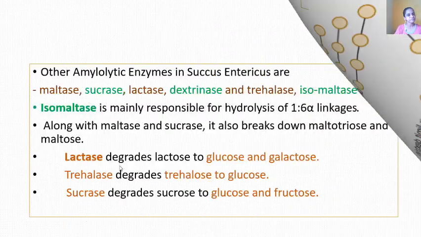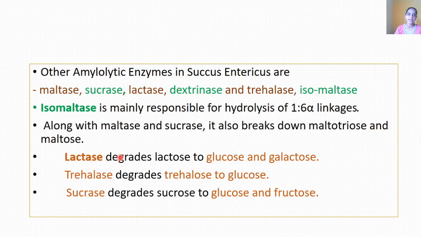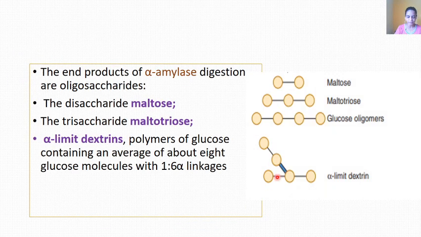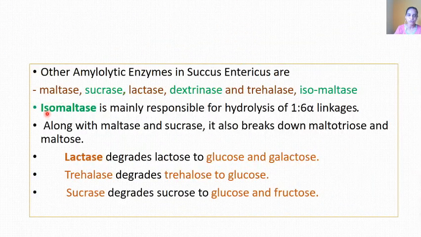Now I said, in addition to pancreatic amylase, the intestine also receives enzymes from its own glands, and these enzymes are maltase, sucrase, lactase, dextrinase, trehalase and isomaltase. Isomaltase is responsible for hydrolyzing the alpha 1,6 linkage. In our previous slide we have seen this linkage will be broken down by isomaltase.